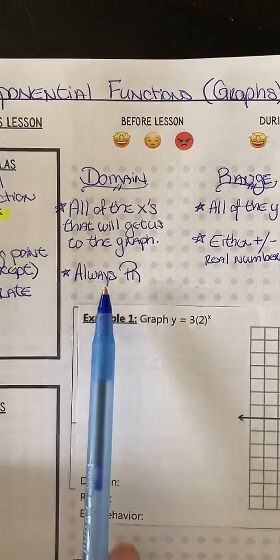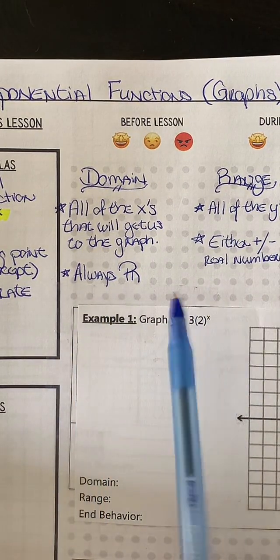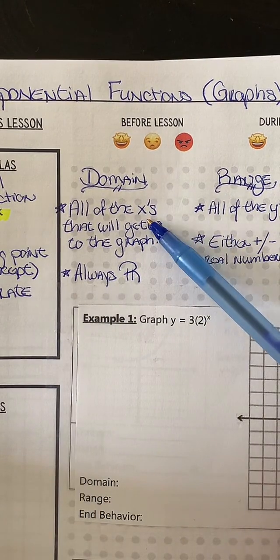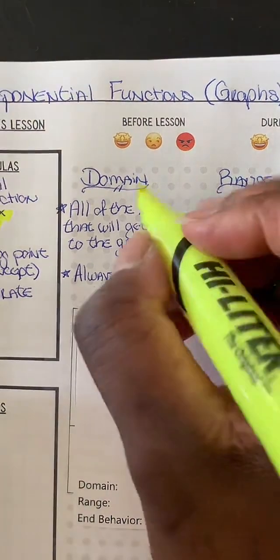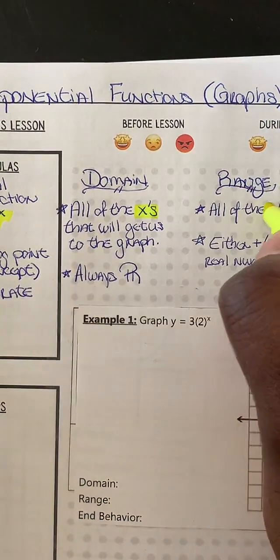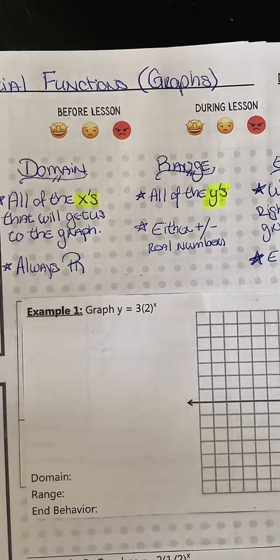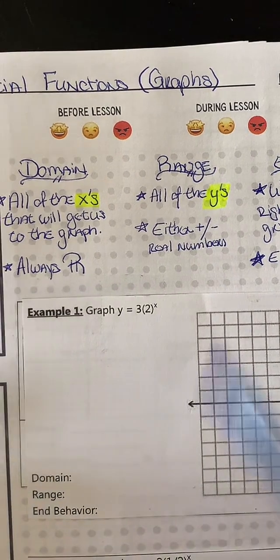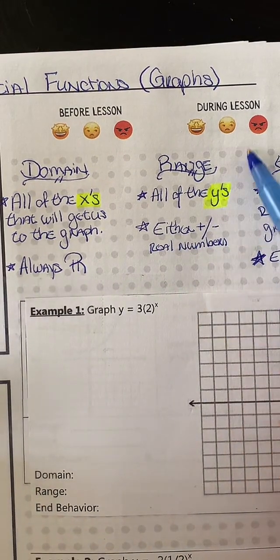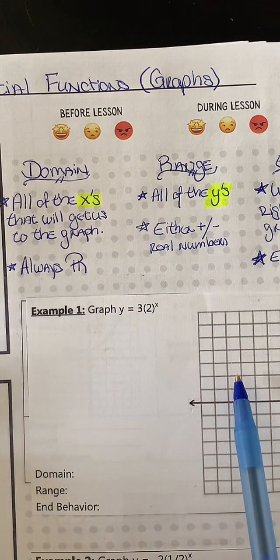Your domain is the set of your x's. No matter the graph, your domain is always the x's. Now, your range, I'm going to highlight that, your range is your y's. With range, you're either going to be looking at it going to positive infinity or to negative infinity.